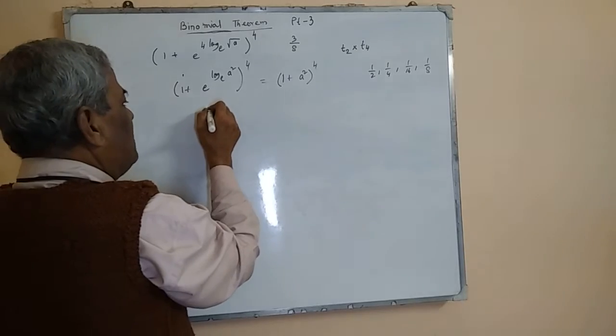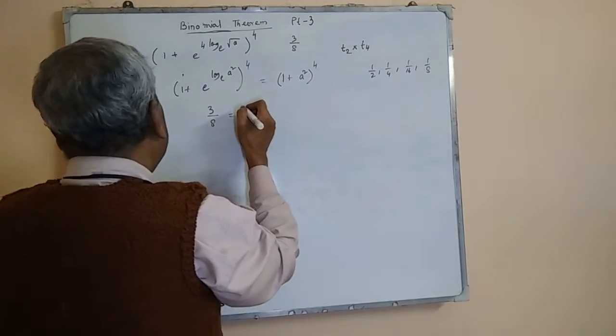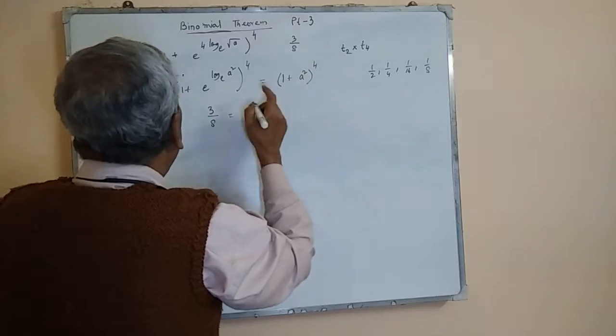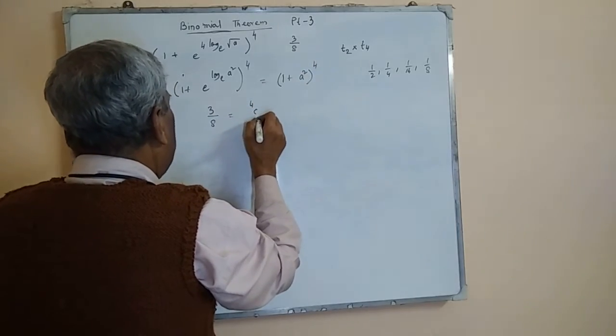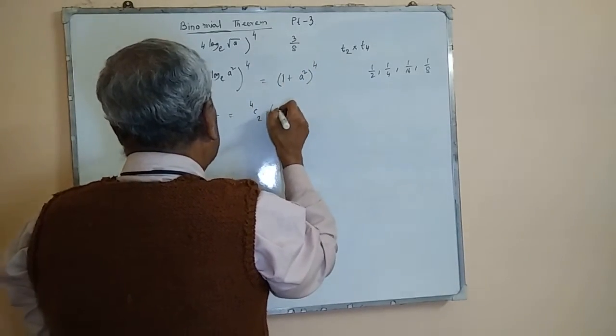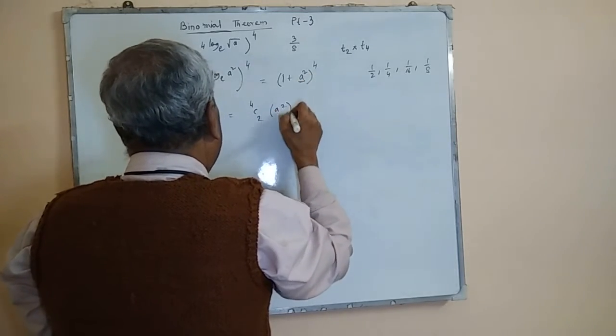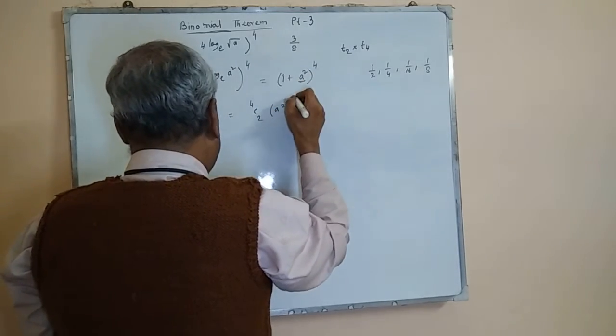So I get 3 by 8 is equal to, third term means 4c2 into 1 into a square to the power 2.